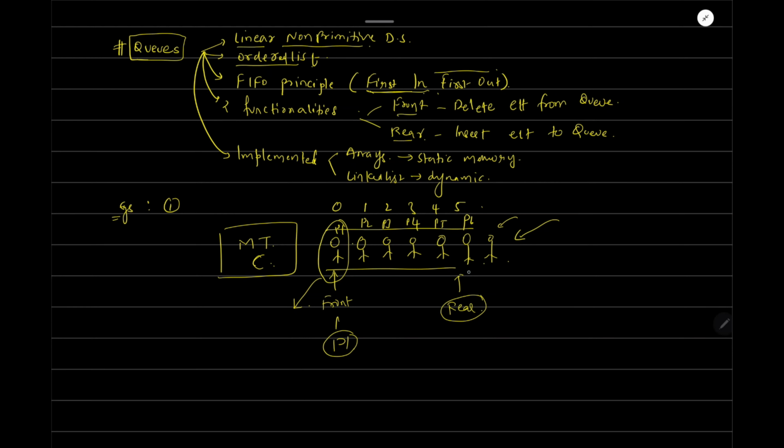The last item present in the queue is denoted by rear, and the first element present in the queue is denoted by front, similar to head and tail.